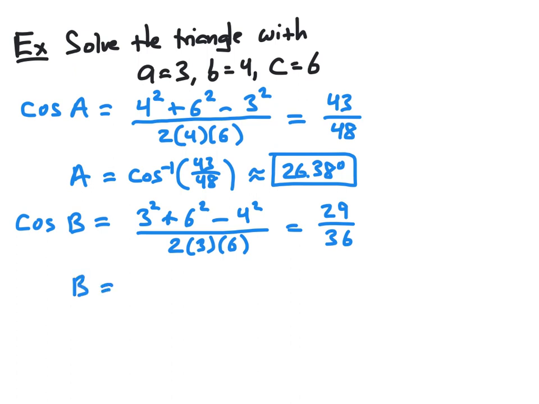And so angle B will be the inverse cosine of 29 over 36, which is approximately 36.34 degrees.